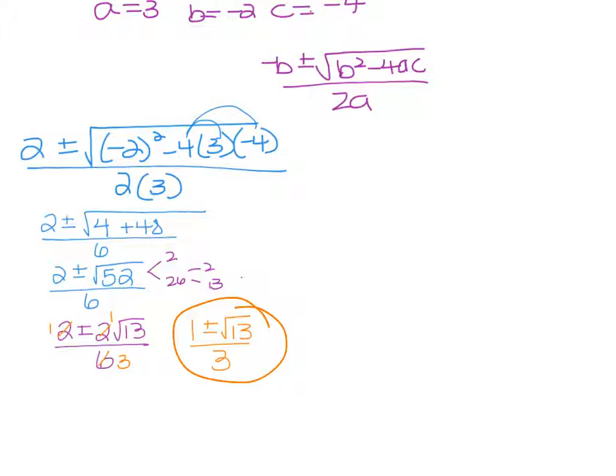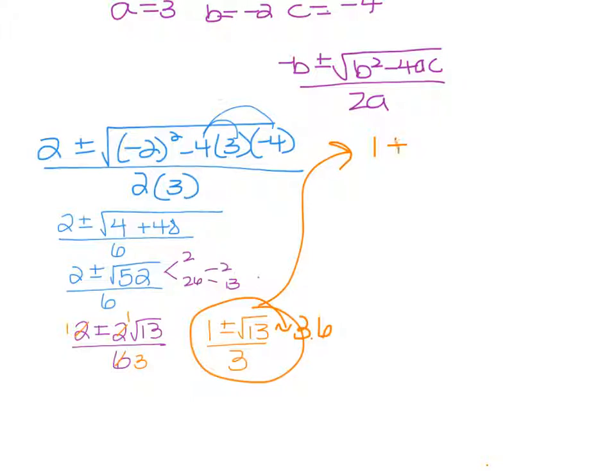But if I'm using this to graph, I have to approximate what this would be. Because root 13 is in between root 9 and root 16, it's in between 3 and 4. So let's say we approximate it to be 3.6. This is a little bit closer to root 16 than it is to root 9. Then I would split this up so that it's 1 plus 3.6 over 3 and 1 minus 3.6 over 3.